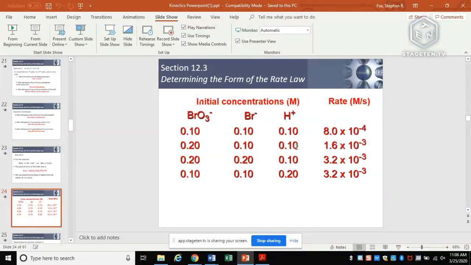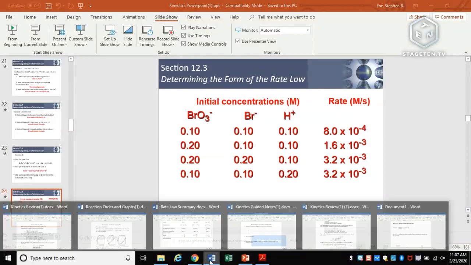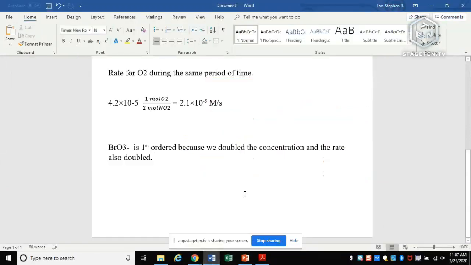H plus stayed the same, 0.1 and 0.1. But we doubled bromide. What happened to the rate? 1.6 to 3.2. It also doubled. So now we know bromide is first order.